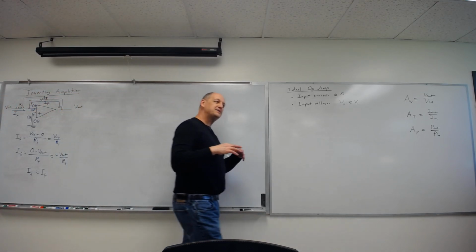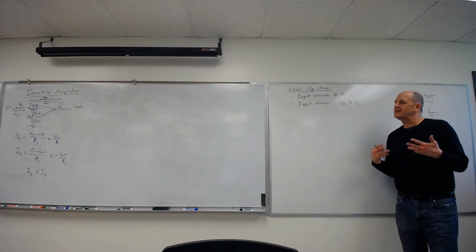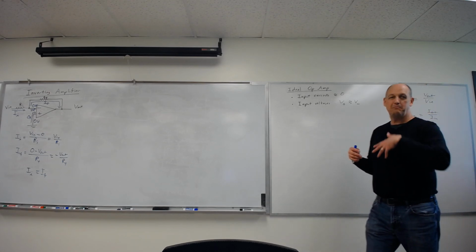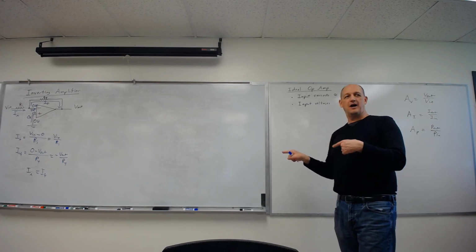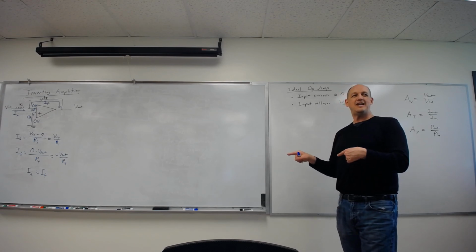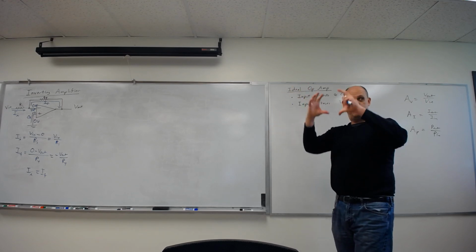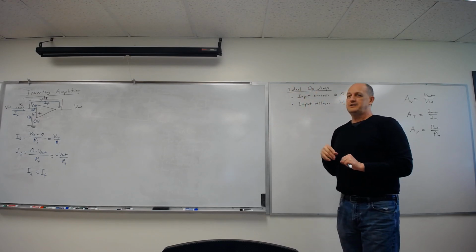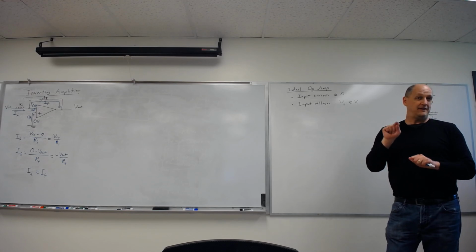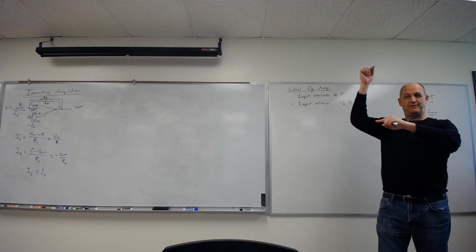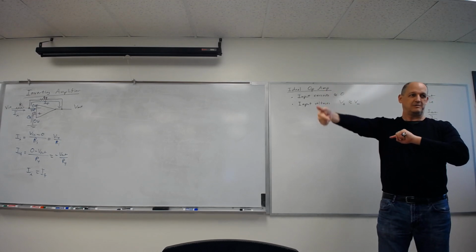Yes, I do realize that our normal concept is more like constructive feedback or positive feedback versus negative feedback. In electronics, we want the opposite. Negative feedback takes things back to the input and pulls it down. Positive feedback means as my output gets bigger, I would feed it back to my input, which would make my input bigger, which would make my output bigger, which would make my input bigger.